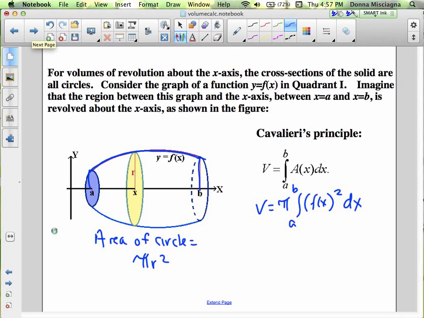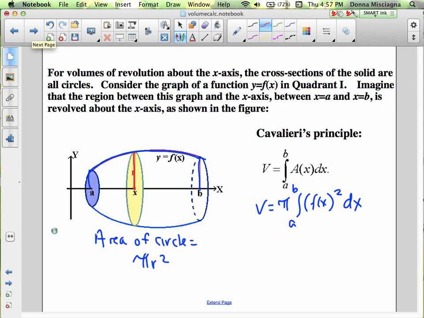And when we're revolving it around the axis, it creates a circle and a solid object. Our cross sections are circles. There you can see our cross section. Our object is solid. The radius of this cross section goes from the x-axis to the height of the function.